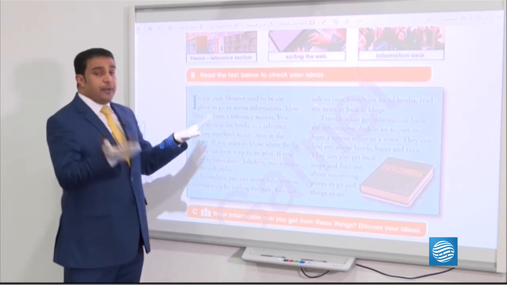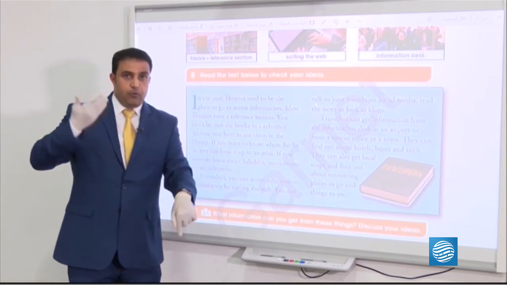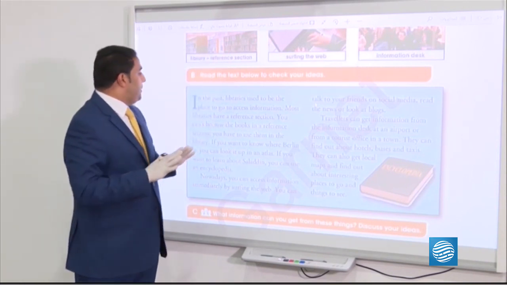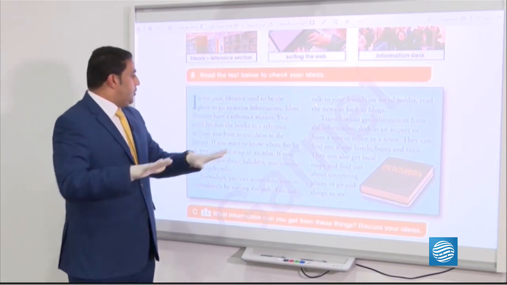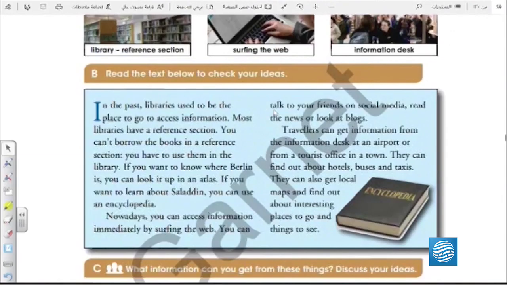So in the past, that means not now, libraries used to be the place to go to access the information. What's the meaning of access information? To get the information or things that you want to know. Okay. Most libraries have a reference section.